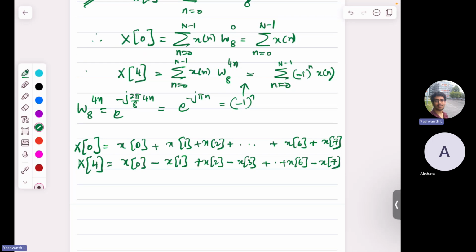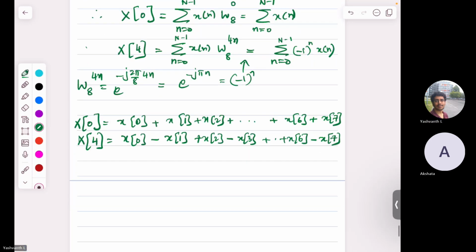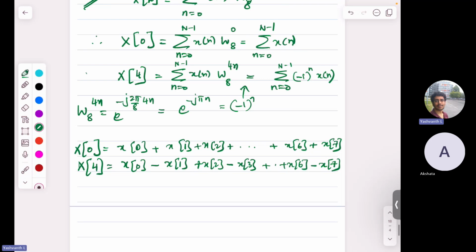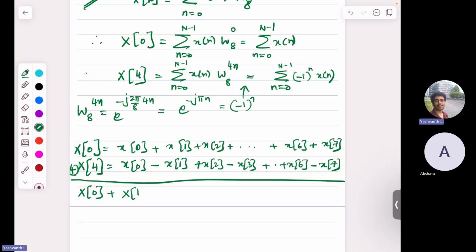Okay, now can you tell me how to obtain x of 0 plus x of 2 plus x of 4 plus x of 6? Simple, right? Just add both equations. If I add both equations, what do I get? X of 0 plus X of 4.